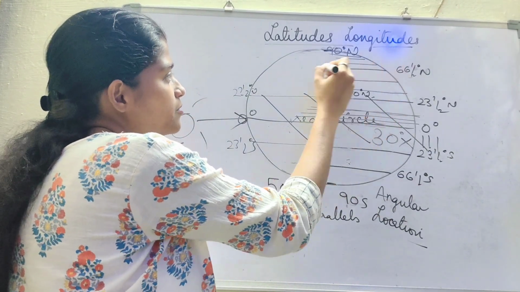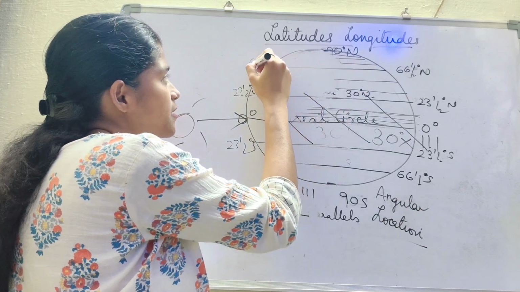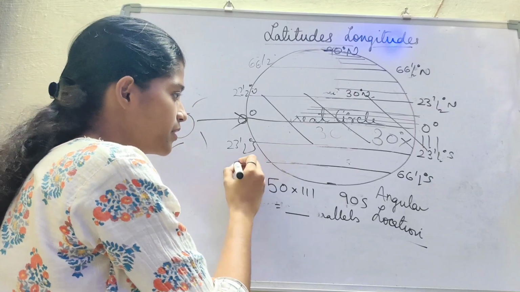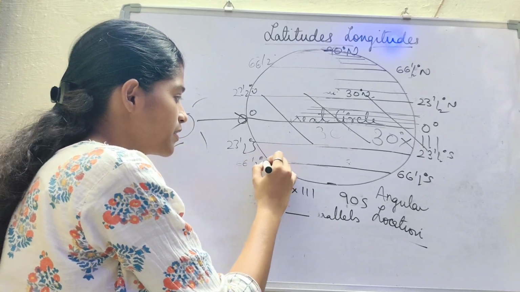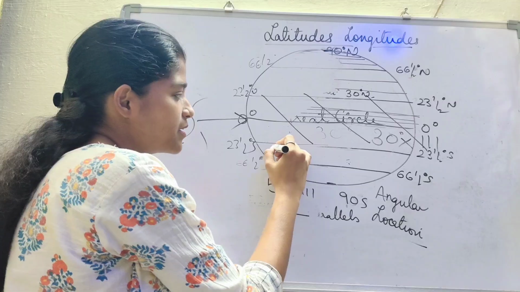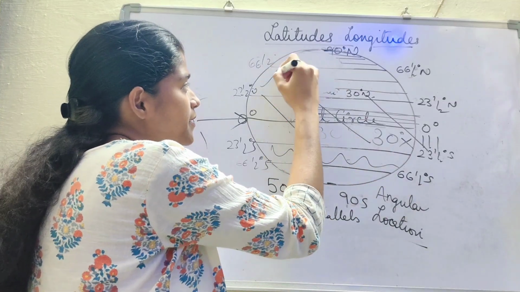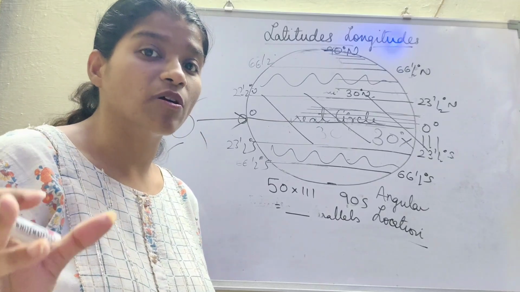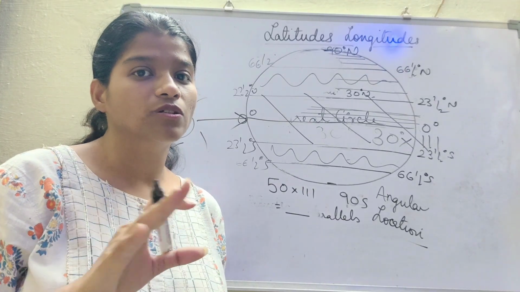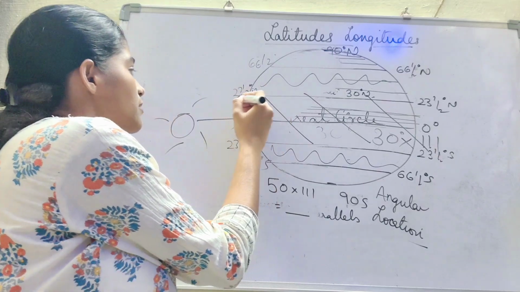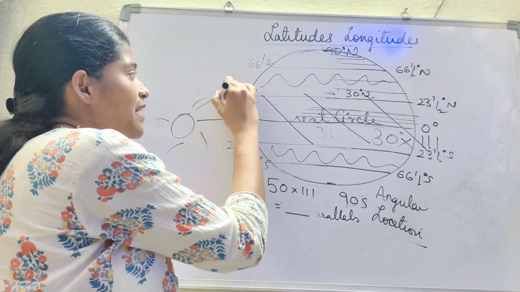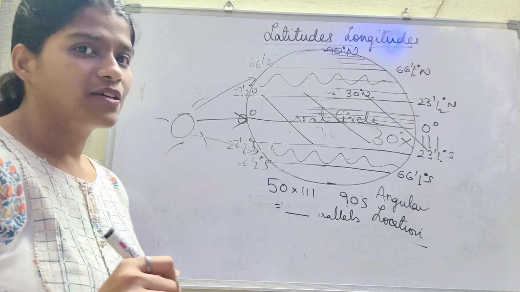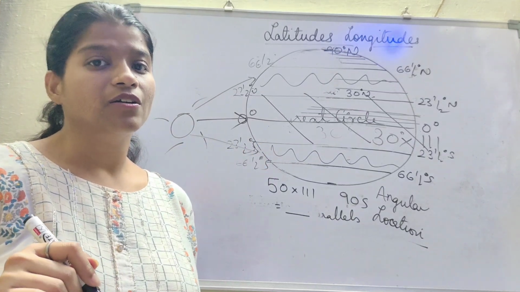Now from 23.5 to 66.5 degrees north, and 23.5 to 66.5 degrees south, this part is called the temperate zone. Here the temperature is moderate, neither too hot nor too cold. Why is it so? Because this region receives the slightly slanting rays of the sun, so the temperature here is neither too hot nor too cold.